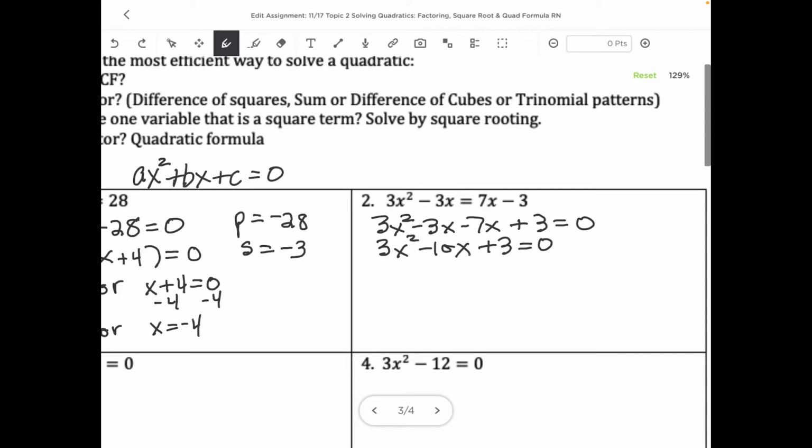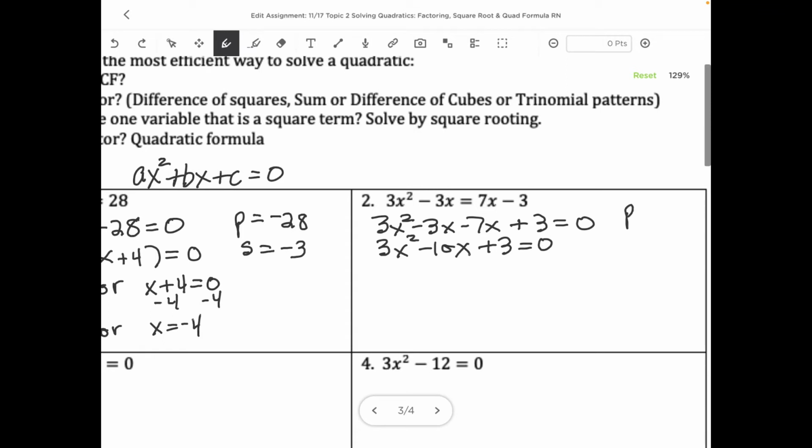And instead of using the previous factoring, because a is now 3, we need to either use guess and check or split the middle. So I'm going to demonstrate split the middle to keep demonstrating that guess and check is just whether or not you want to have the patience and you have the mental math to do it.